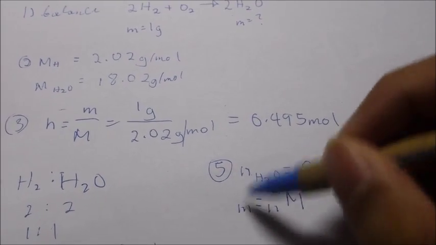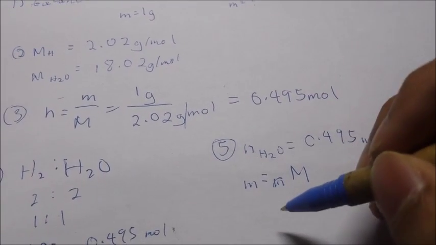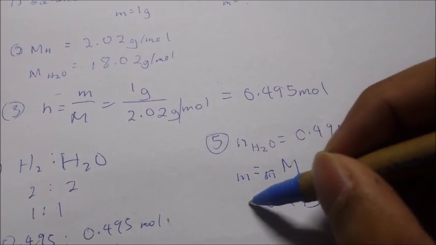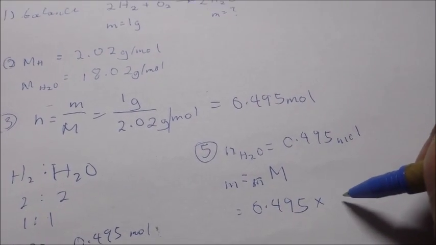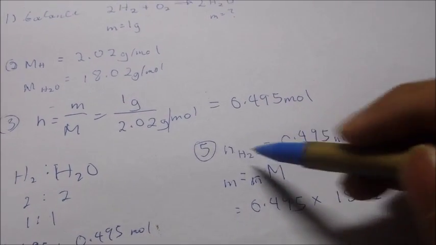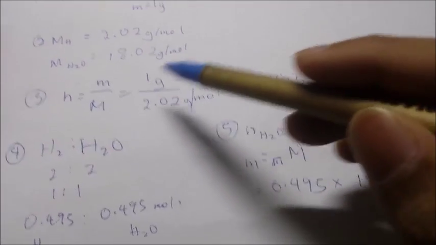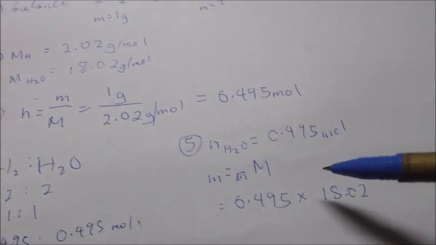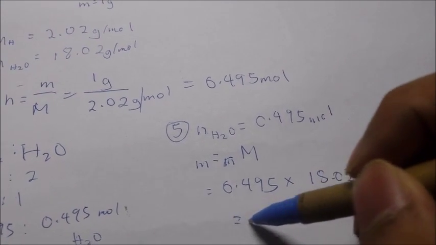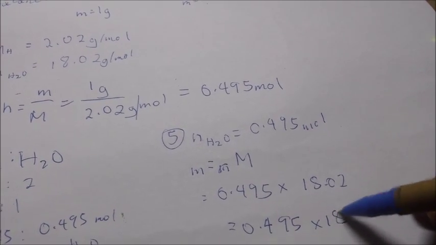So we have 0.495 times 18.02, the number of moles of water times the molar mass of water, H2O. So the answer is going to be 0.495 times 18.02.